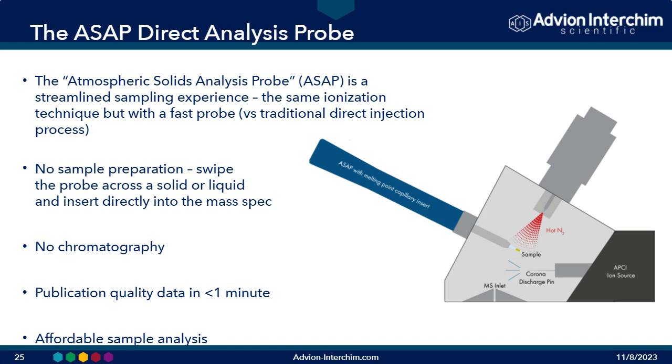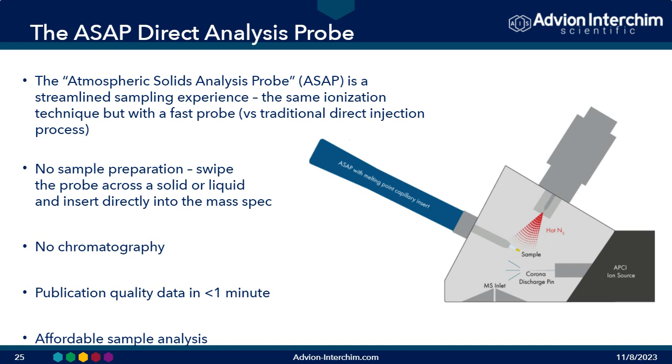A hot nitrogen gas stream will come off and dissociate the compounds from the glass capillary, and then the corona discharge pin will allow the APCI ionization mechanism, and then straight into the mass spec.